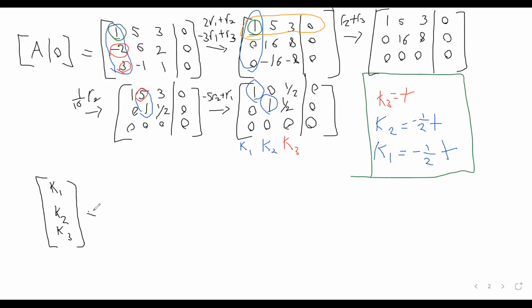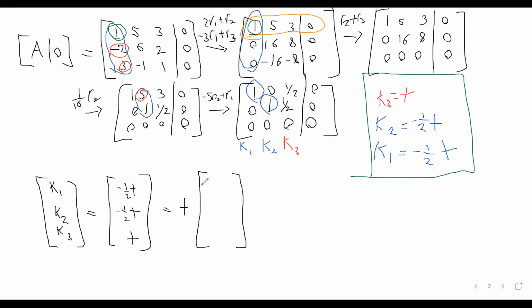Where those K's are, from what I wrote up there, -1/2 T for K1, -1/2 T for K2, and T for K3. This is a constant multiple. T is a real value parameter. So it's T times the vector -1/2, -1/2, 1. Any T you plug in would correspondingly give you values of K that would be a solution.